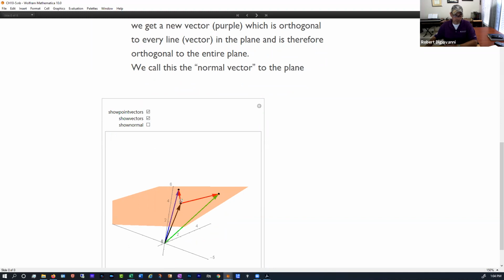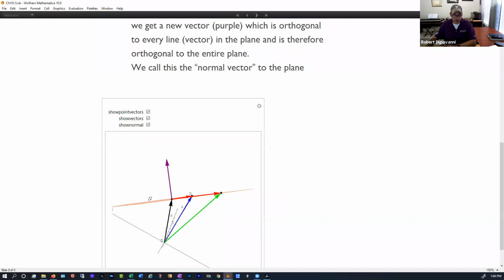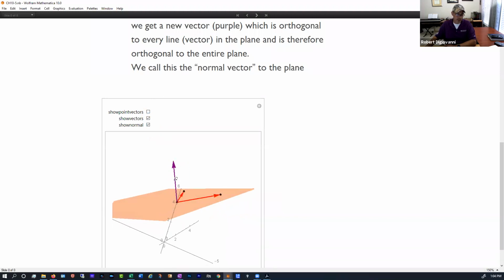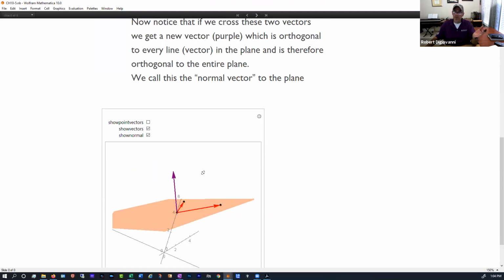So we create this vector and this vector, and then we just cross them. If we cross the 2 red vectors, we're going to get a new vector that is orthogonal to the plane. So it's a pretty simple construction to come up with that normal vector. The normal vector is in purple, right? Does that seem pretty straightforward? Give me 3 points. I'll create these 2 red vectors. I'll cross them, and that'll give me a normal vector.